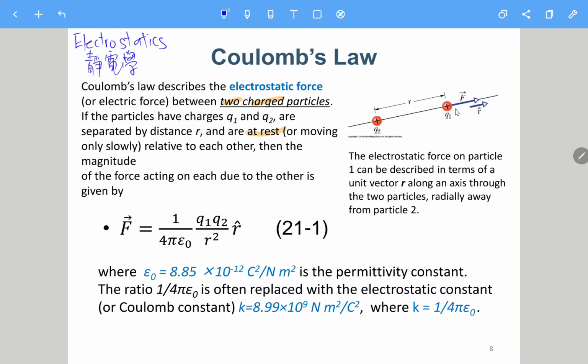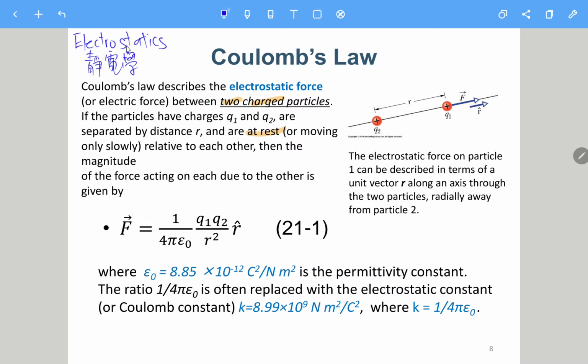force at that moment. Later, there will be some force acting on this charged particle, and you know Newton's second law of motion, F equals ma. If there is some force acting on this particle, it will accelerate in this direction. So at the next moment, everything changes.